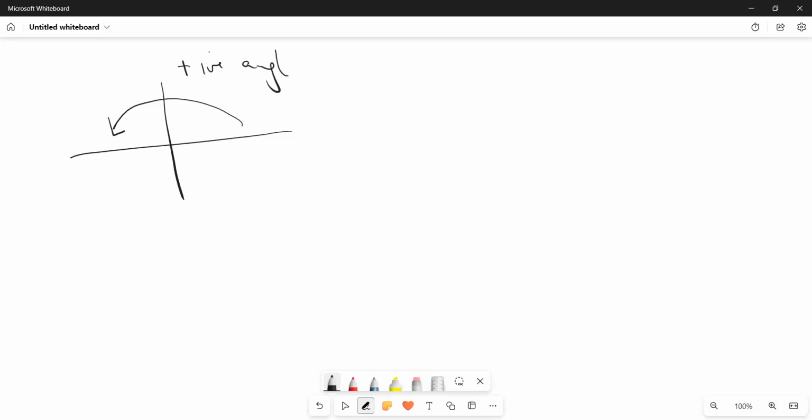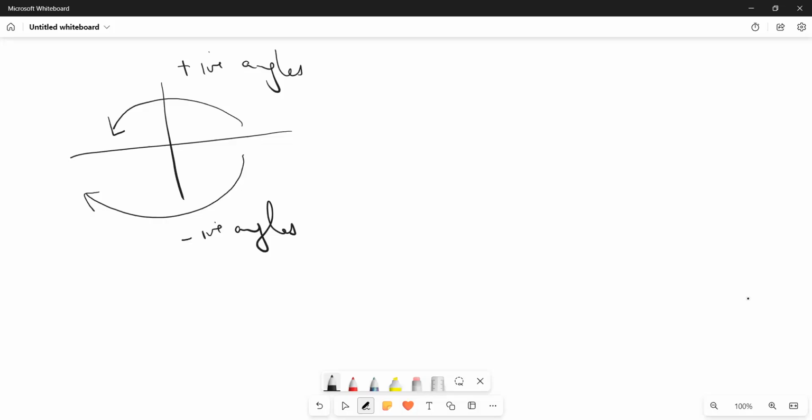If you measure angles going this way, clockwise, you get a negative angle. You were introduced to this before. When we measure angles counterclockwise, the angles are positive. When we measure them clockwise, they are negative angles.